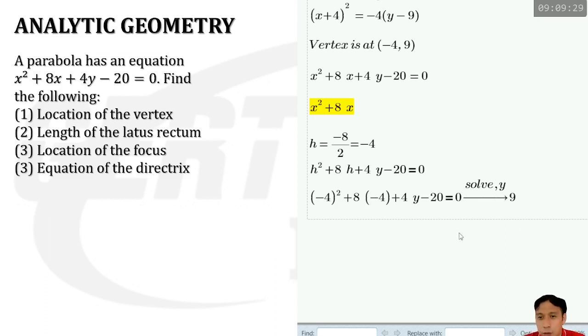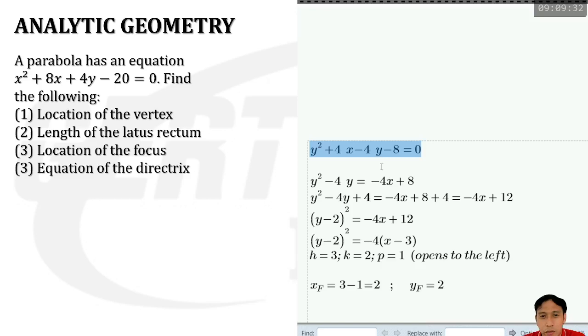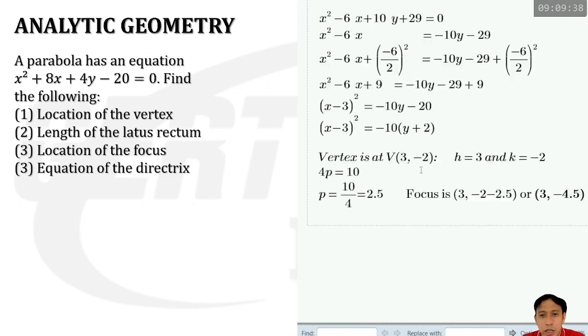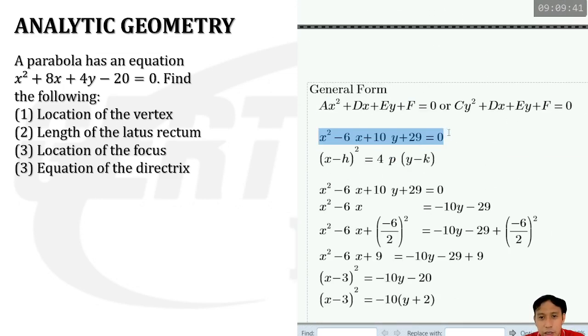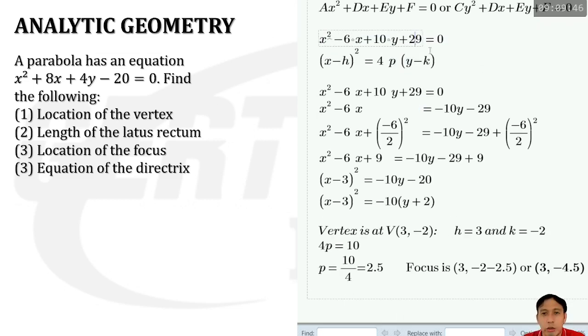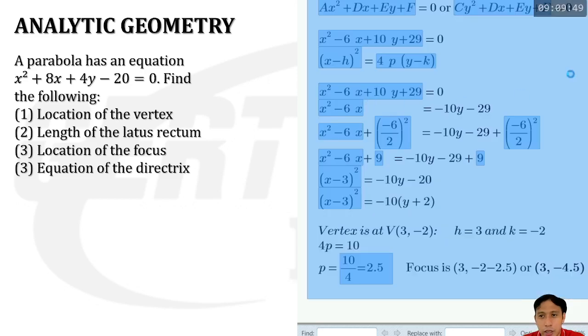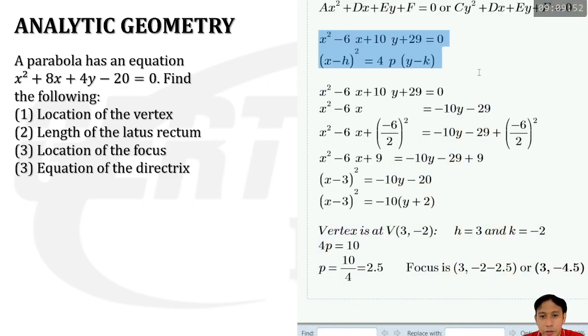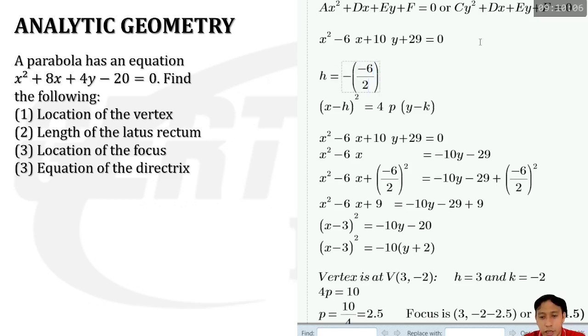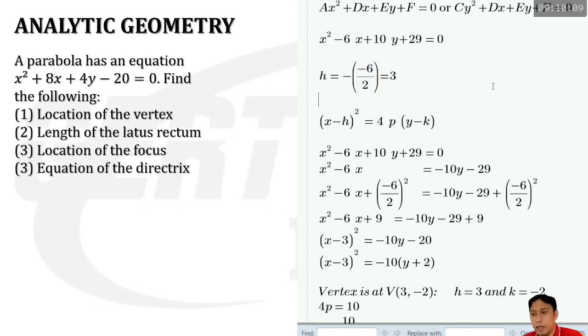What example did we have kanina? Ito yung given kanina. We did completing the square for us to be able to solve for the vertex. Yung shortcut ko niyan is h is equal to negative of negative 6 over 2, so that's positive 3.